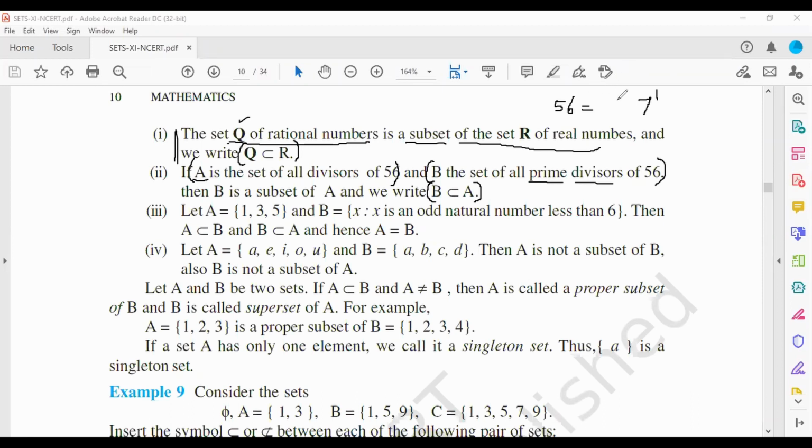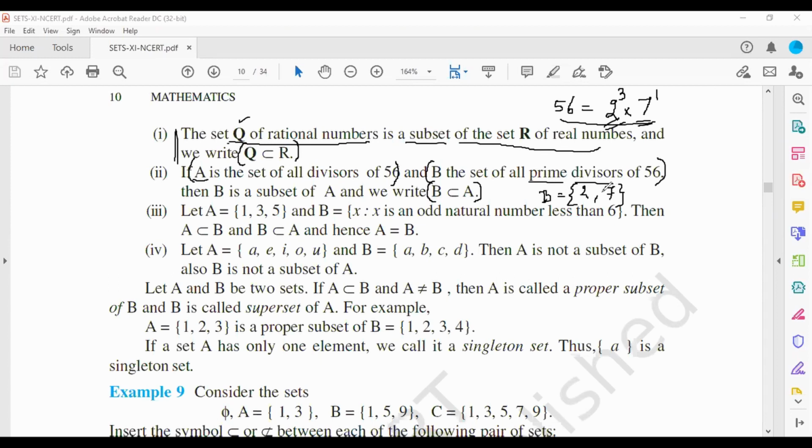So it is 8 times 7, and 8 is nothing but 2 cubed. So this is the prime factorization. What are the prime divisors? I can only give you 2 and 7. So I want you to identify set B. Set B is {2, 7} only.